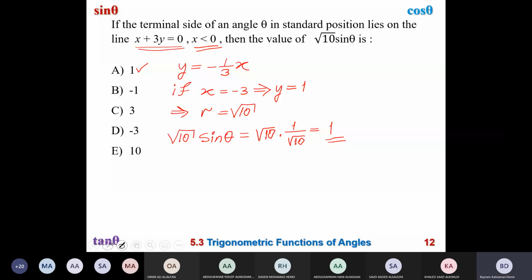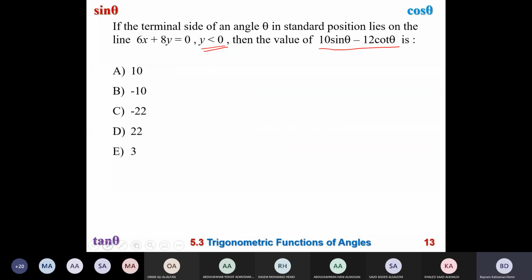Okay. Let's see, another exercise for you. Just calculate 10 sine theta minus 12 cotangent theta. In this case, we have y must be negative. So you need to choose negative value for y, then you will get the x value. You can choose y as -1, -2, -3, as you like.